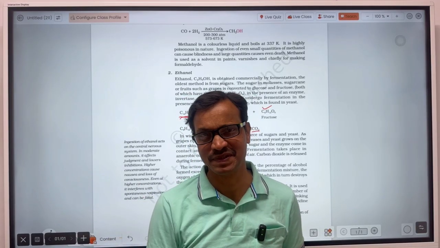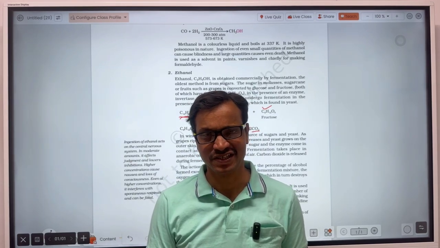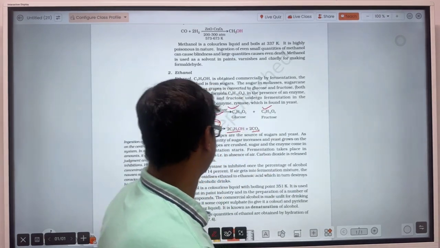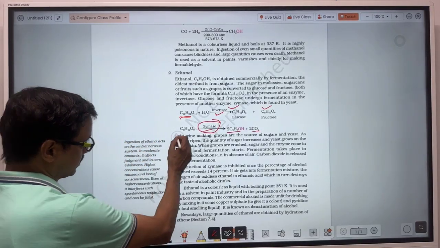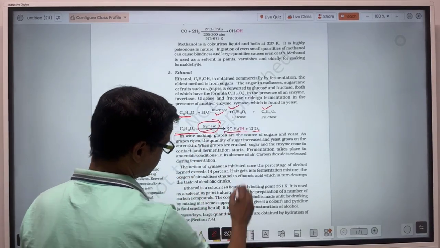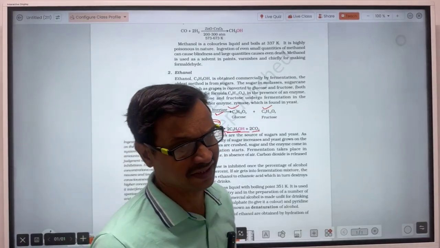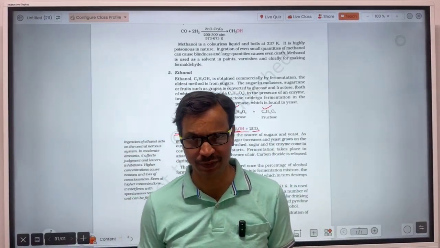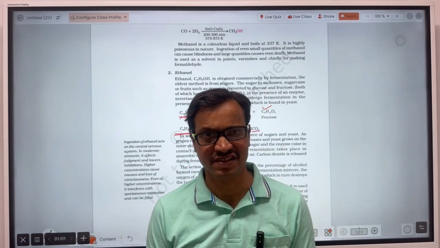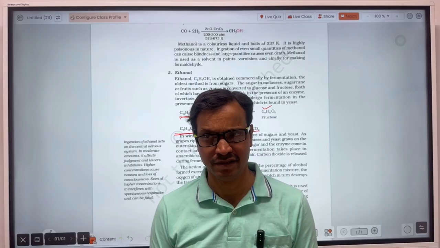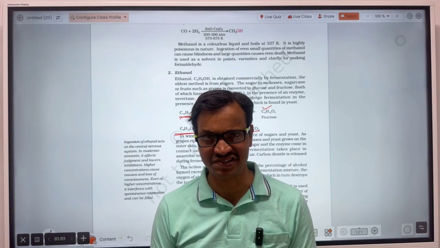When the grapes are crushed, the yeast comes in contact with glucose as well as fructose, and then this glucose and fructose are converted into ethanol. Yeast respires anaerobically, which means respiration in yeast takes place in the absence of oxygen.